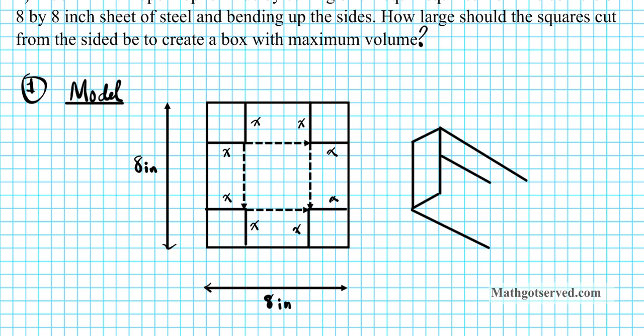And then we'll have a box looking something like this. So let's label the sides. This side right here is X, and then this is X, and that's X right there. So all we just did is fold the sides to create this box right here.